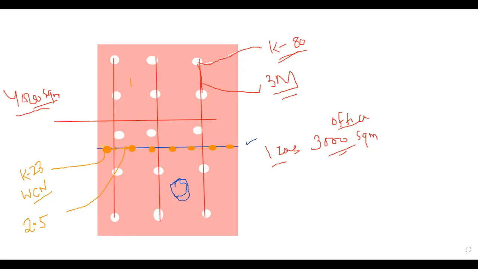If you observe minutely, it will stop the spread of fire from this zone to this zone. If this is zone number 1 and this is zone number 2, it will stop the spread of fire from zone 1 to zone 2.